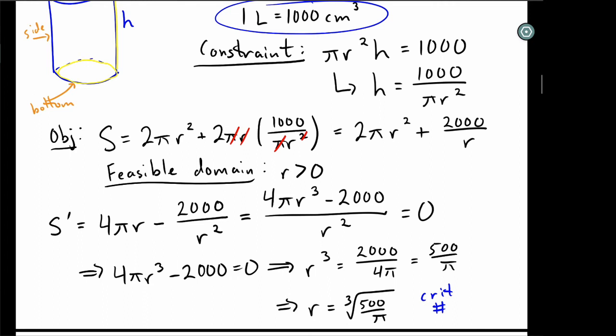Okay. So why is that important? Well, if we had multiple critical numbers, our function can do all sorts of weird things. We could have a local minimum somewhere, but then a local maximum somewhere else.